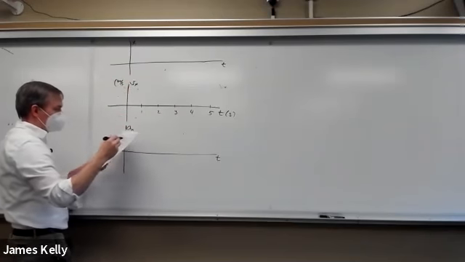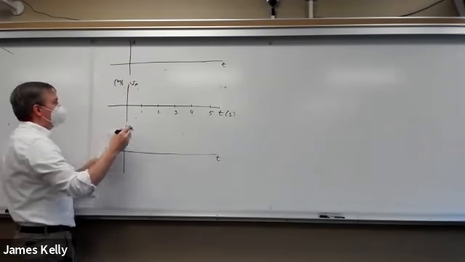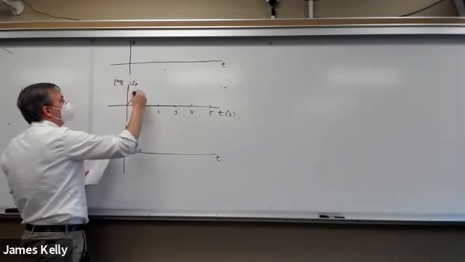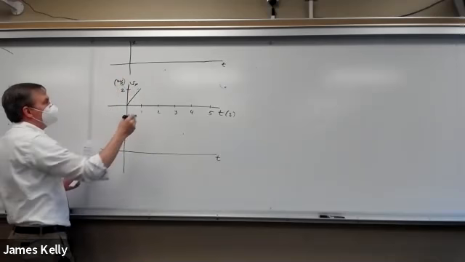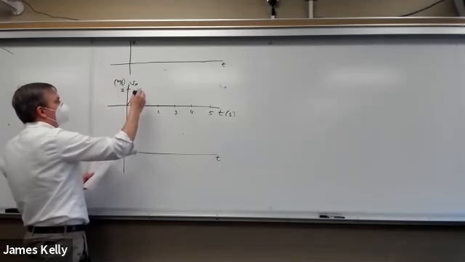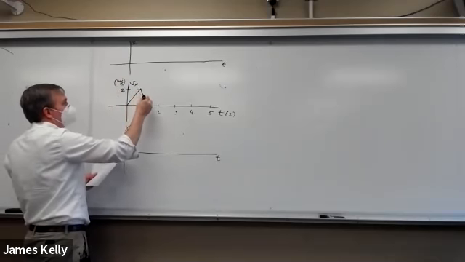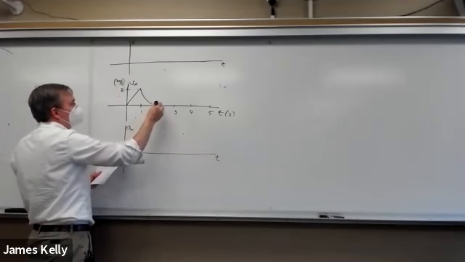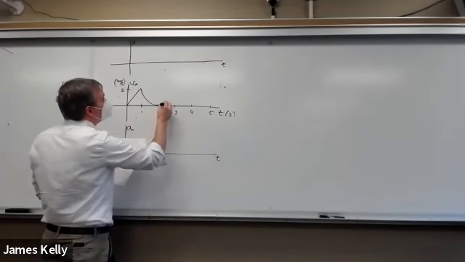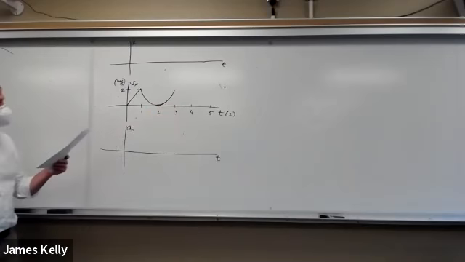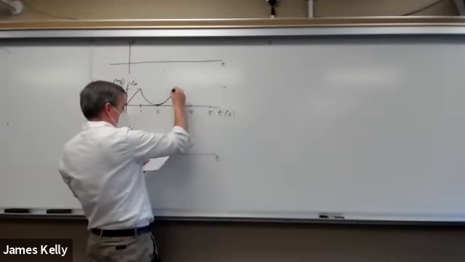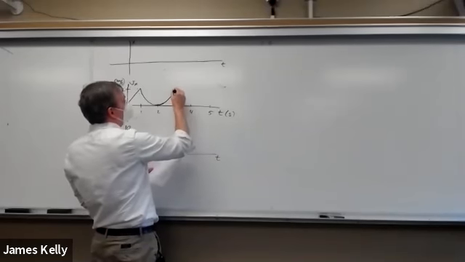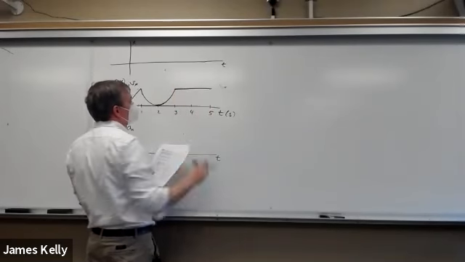I don't know that I'll be able to draw it faithfully enough, but it goes up linearly to a height of 2 meters per second. And then it looks like there's some sort of parabola piece that just barely hits the axis and comes back up to exactly the same height there. And then after that, it stays constant from 3 seconds to 5 seconds.